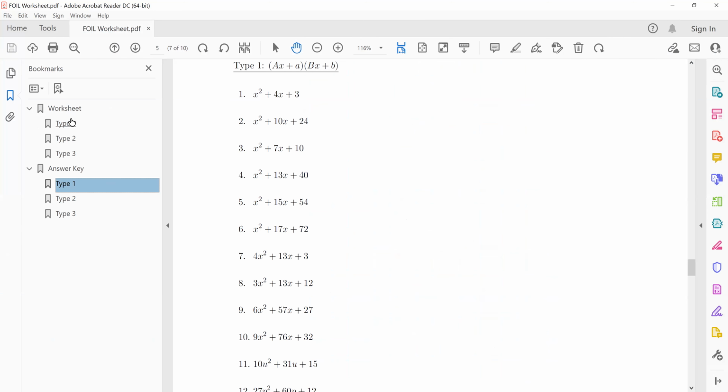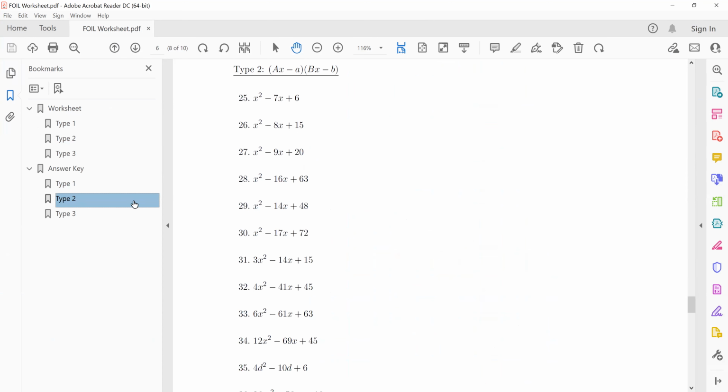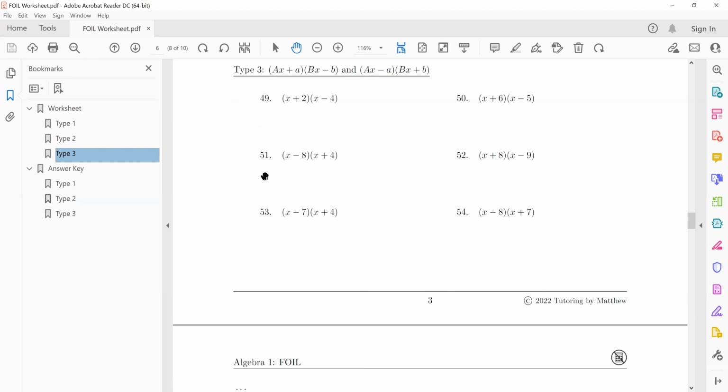Now, when we go to type 2, if they're both negative here, okay, the answer is negative positive. And that may help you to see patterns that I know you see when you read things, but in math, it's just a different type of patterning. Type 3 are where there's 1 plus and 1 minus, 1 minus and 1 plus.